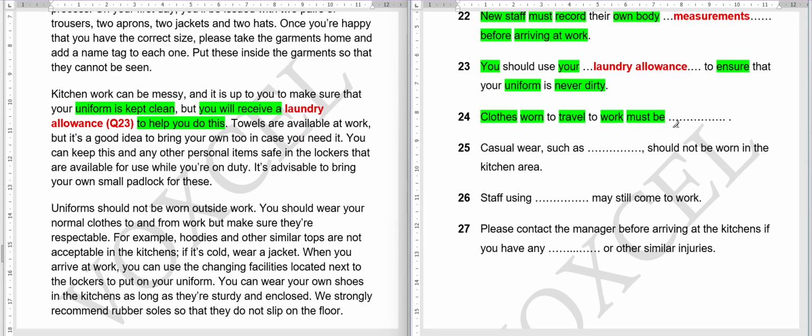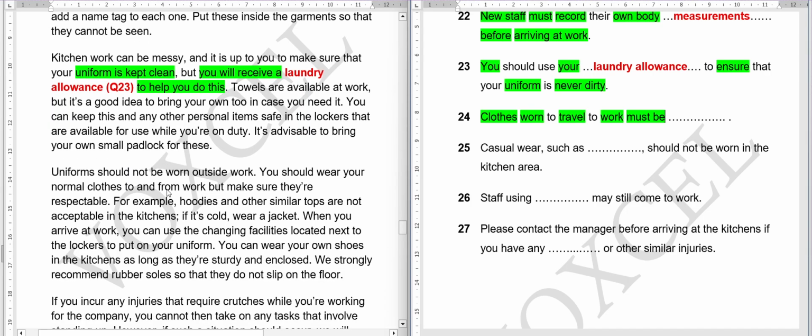Let's see what kind of clothes you can wear from your home to your work. Towels are available at work, but it's a good idea to bring your own too in case you need it. So there is nothing about traveling here. You can keep this and any other personal items safe in the lockers that are available for use while you are on duty. It's advisable to bring your own small padlock for this. So till now we haven't read anything about clothes worn to work.